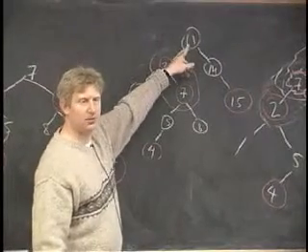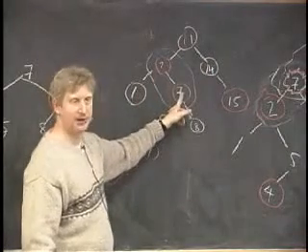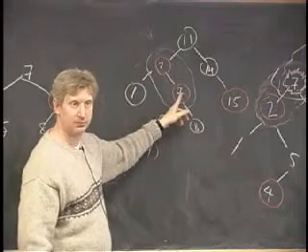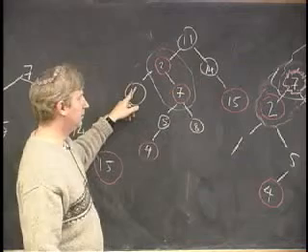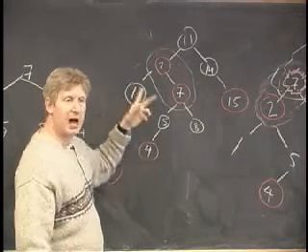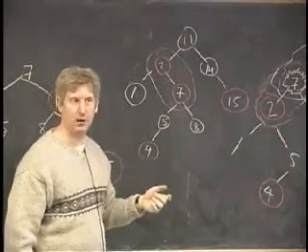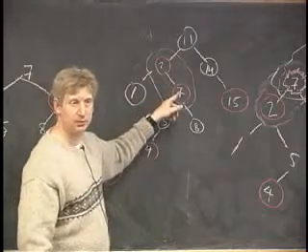If the uncle is on the right side of the grandparent, and this is on the same side, also the right side, that's the wrong orientation. You want the uncle and the nephew to be on opposite sides. If one's on the right, the other should be on the left. If one's on the left, the other should be on the right. If they go in the same orientation, it's going to be wrong.